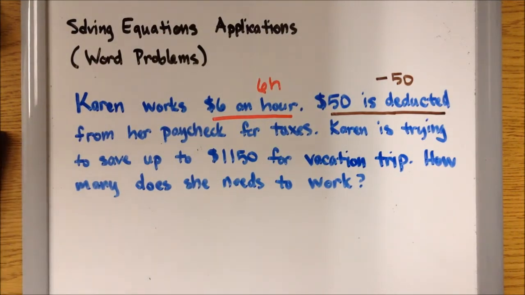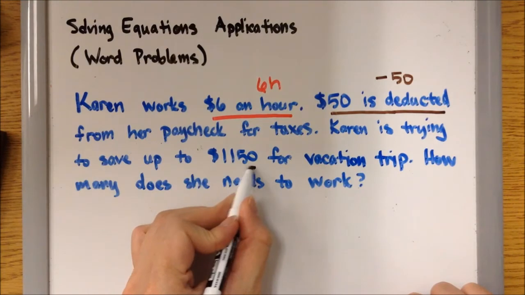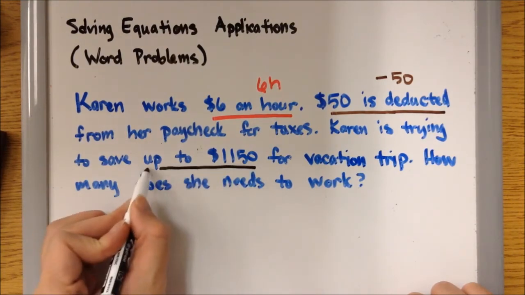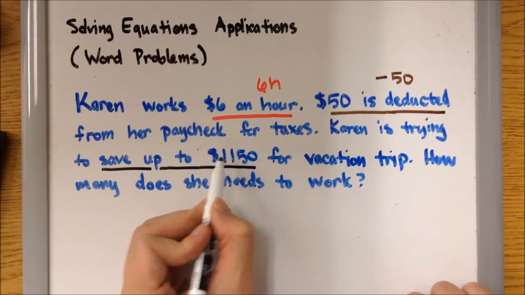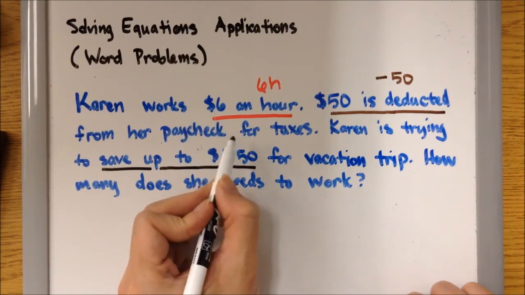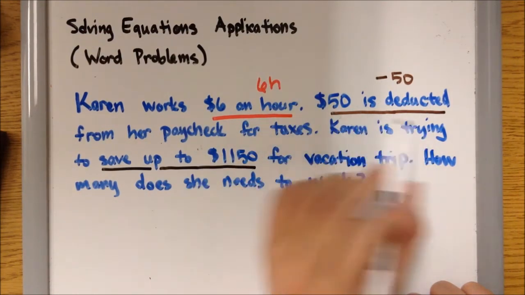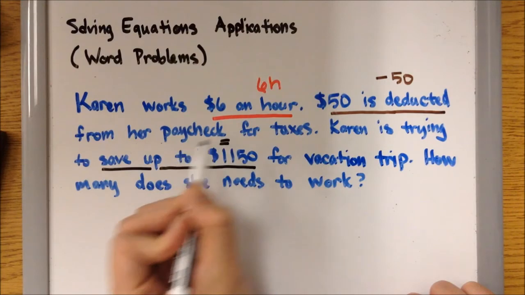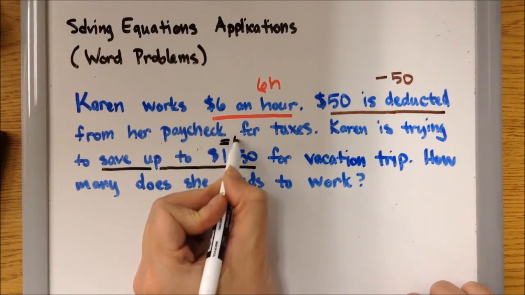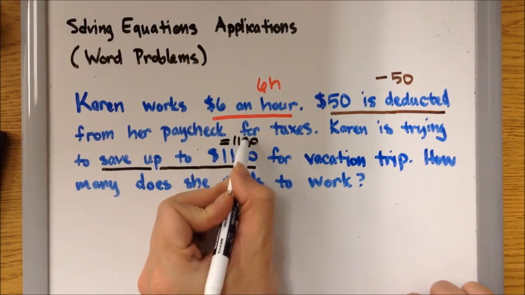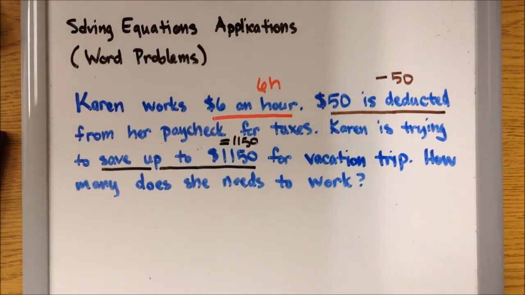And she is trying to save up $1,150. That means that at the end, after her taxes are deducted, she wants to have earned $1,150 from her paycheck. So the question asks, how many hours does she need to work? Let's set up our equation.